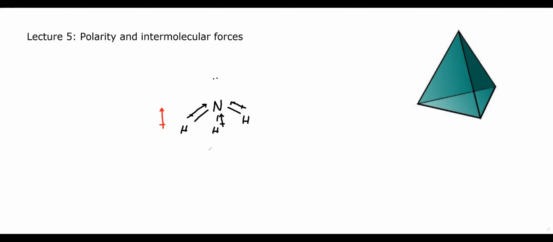Their horizontal portions will all cancel out, but they all have a vertical component. So the average of these 3 vectors would be straight up. We also have this vector pointing straight up to the lone pair, which is simply going to reinforce this red vector that we already drew. So the overall dipole for NH3 is simply straight up like that, okay?